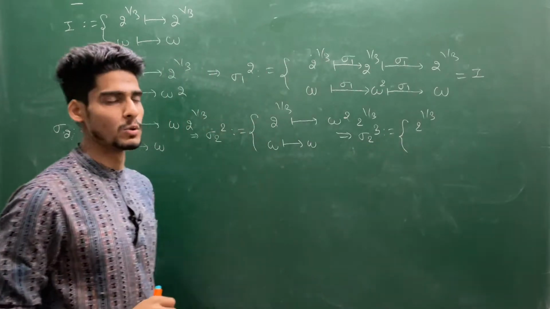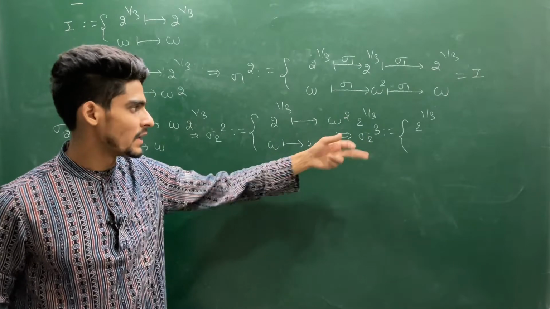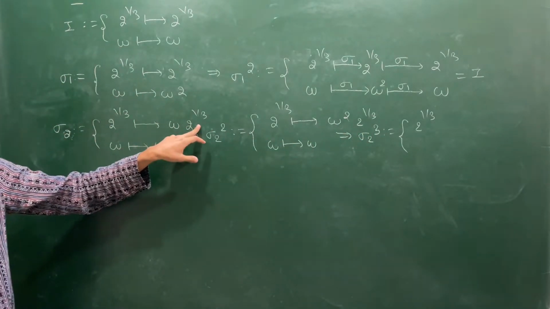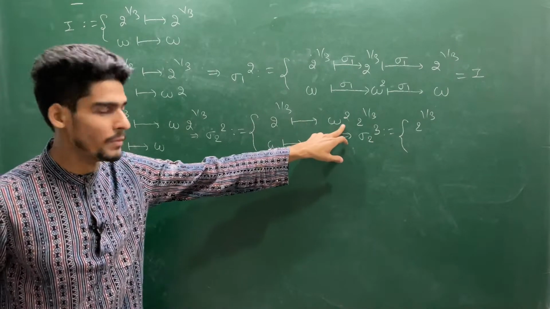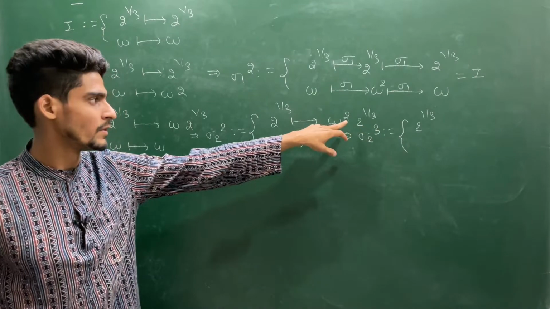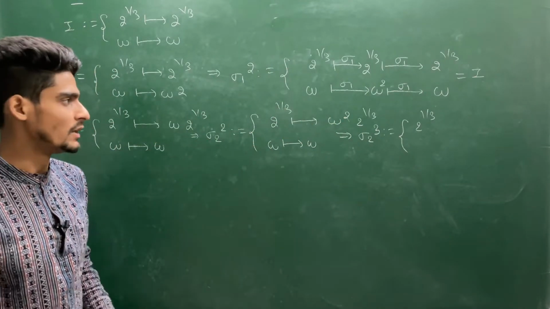First you operate sigma 2 square. Sigma 2 square sends 2 power 1 by 3 to omega square 2 power 1 by 3. Again operate sigma 2. Sigma 2 sends 2 power 1 by 3 to omega times 2 power 1 by 3. So sigma 2 of omega square will be omega square, and 2 power 1 by 3 will go again to omega times 2 power 1 by 3. So it will be omega power 3 times 2 power 1 by 3.